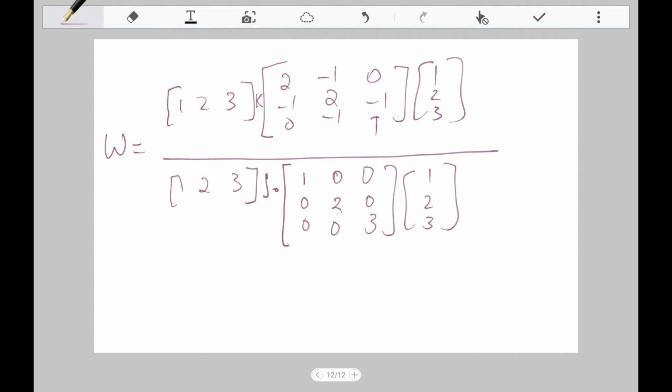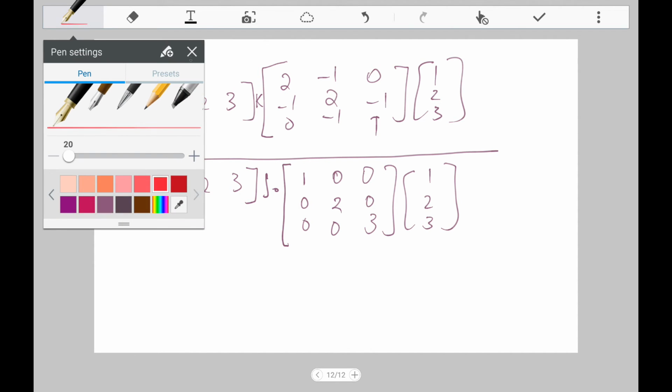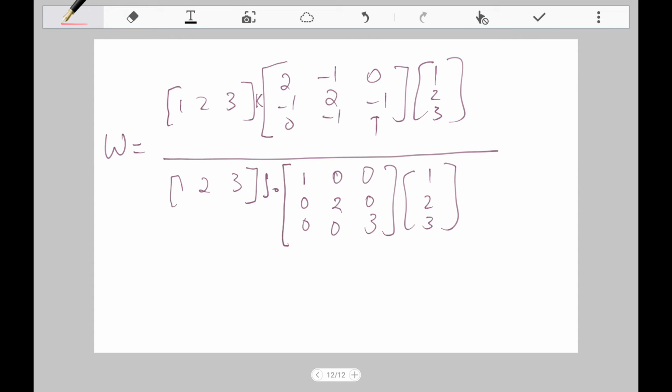Let's explain the matrix operations here. This is very simple, real straightforward. I know most of you know this, but I'm going to go over it regardless. That's a 1 by 3 matrix, and this is a 3 by 3 matrix. We multiply these two first, and the result is a 1 by 3 matrix.